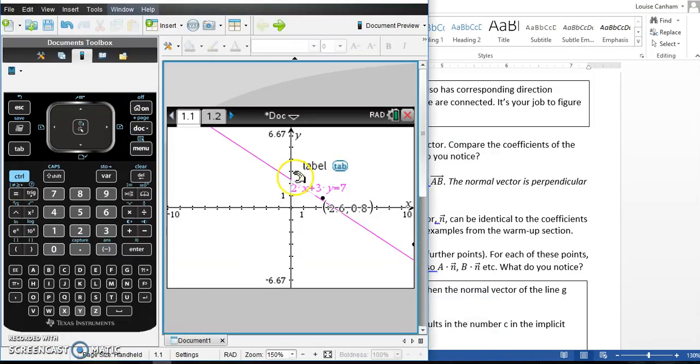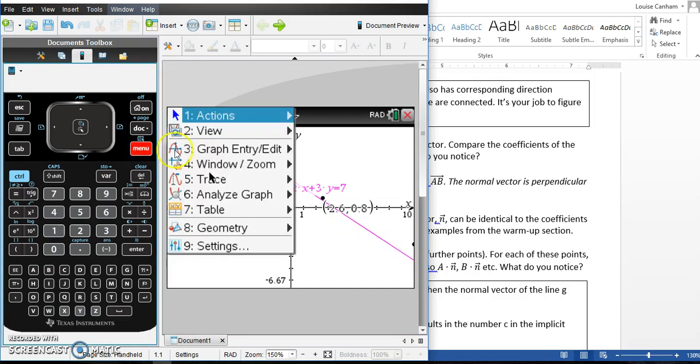If I choose a point on the line here, I can see how many I would need to go along and down to get to another point on the line. If I choose, for example, this point here, which would be 2, 1, I know I also have one at 5, -1.